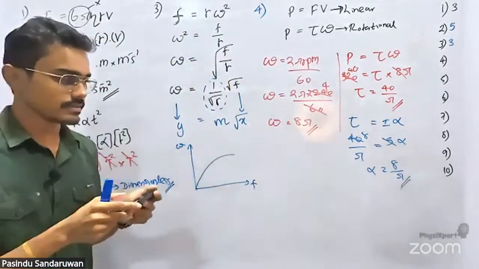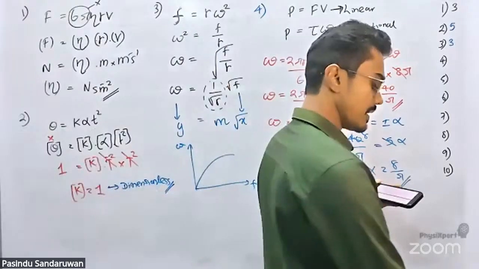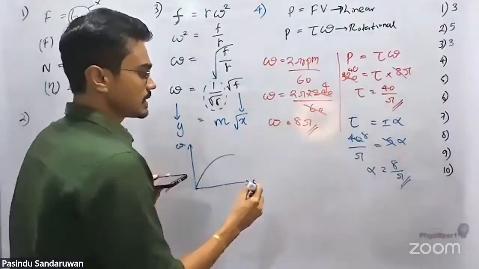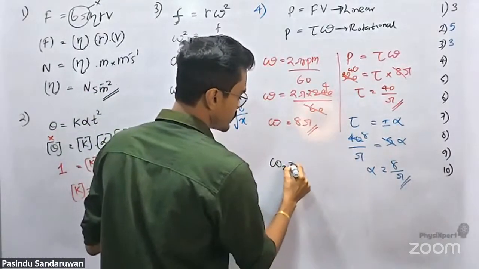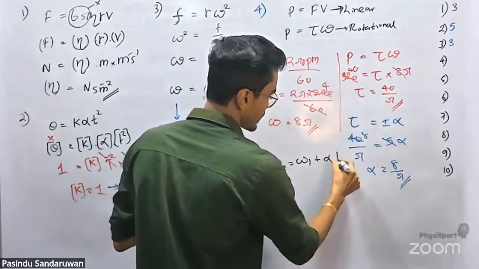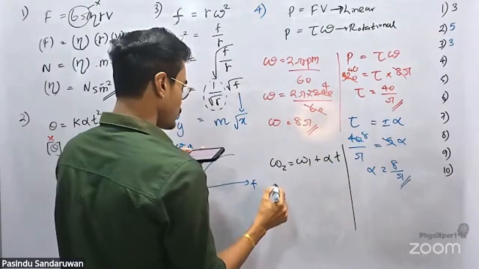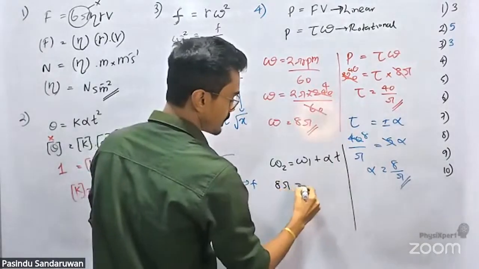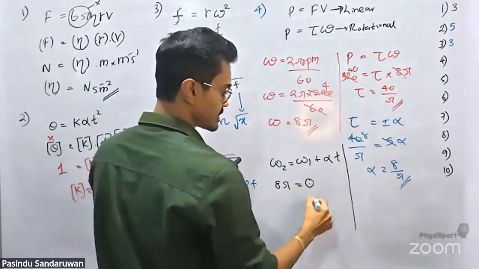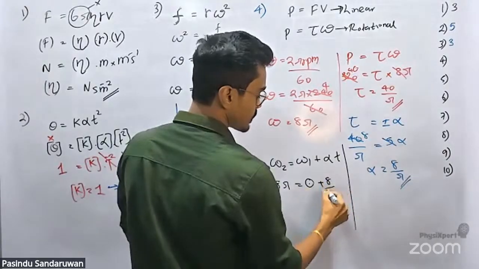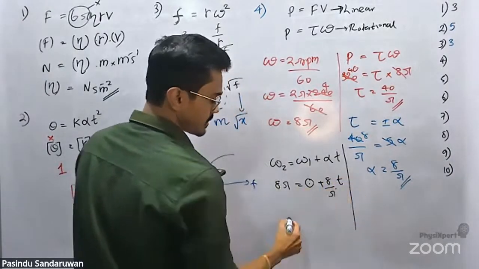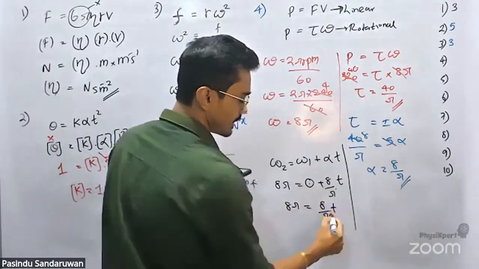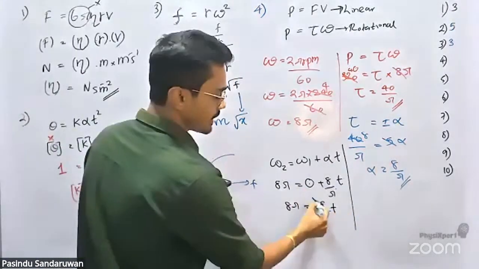Now, to get time, I'm going to apply a rotational motion equation: omega 2 equals omega 1 plus alpha t. Omega 2 is 8 pi, omega 1 is 0, starting from rest, and alpha is 8 over pi. So 8 pi equals 8 over pi times t. The 8s cancel.